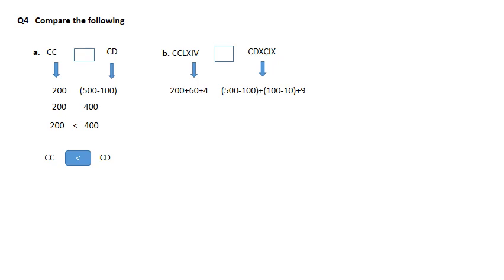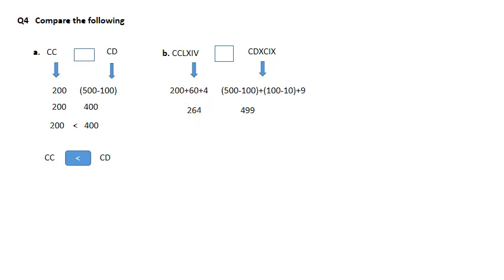Here CD means D minus C. The value of D is 500 and the value of C is 100. So we have done 500 minus 100. Next is XC. The value of C is 100 and the value of X is 10, so 100 minus 10. And last we have written IX. IX means 9. So your answer here is 264.